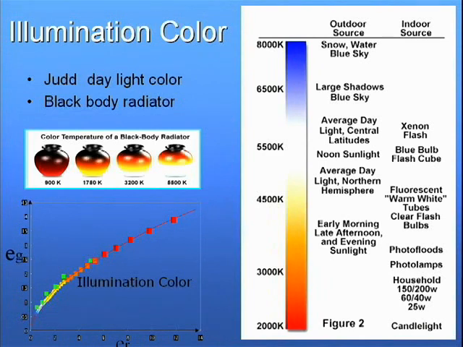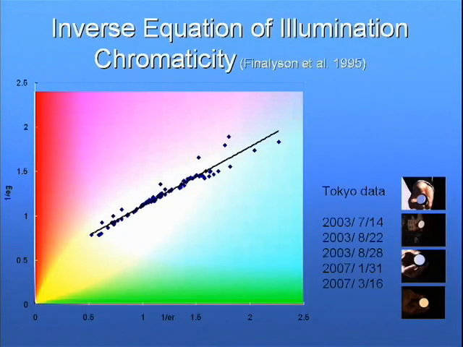And more importantly, the inverse of this Planck locus is a particular straight line whose inclination and residue are known. This was pointed out in the literature.